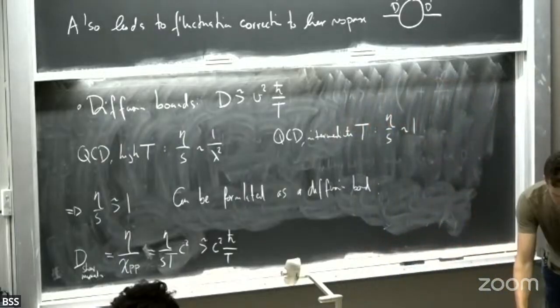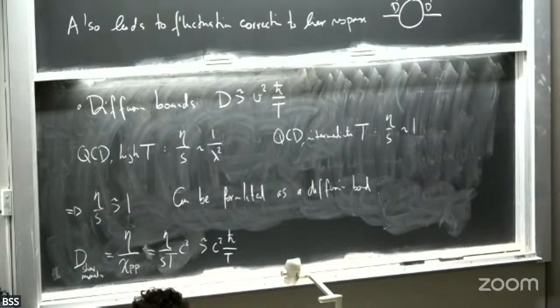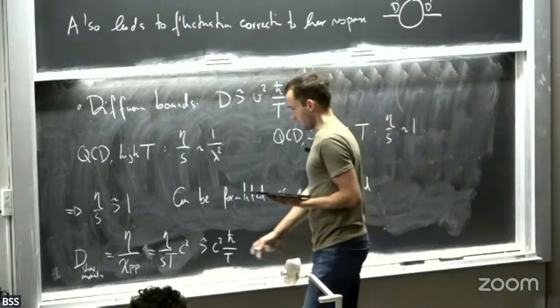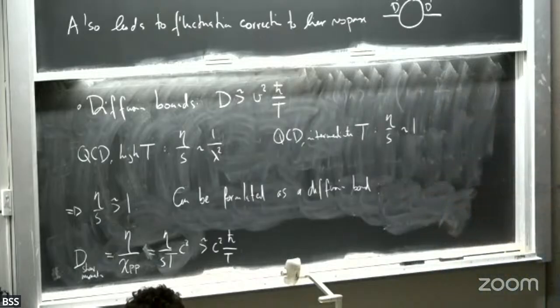This is a nice way to write it because viscosity is only a reasonable object to consider when you have exact momentum conservation, or a good approximation, whereas diffusivities, as we've seen, are all over the place. And so if they're bounded, that would be good to know.